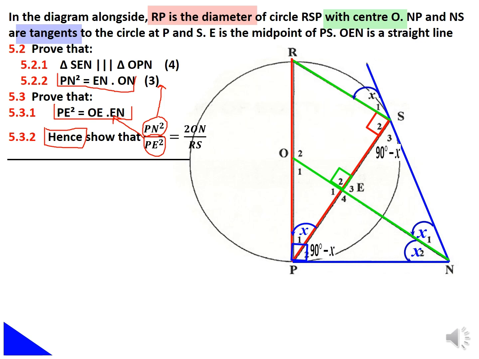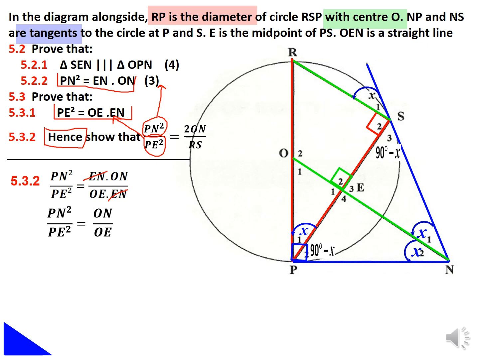It therefore means Pn squared divided by Pe squared is equal to En times On divided by Oe multiplied by En. And in this expression, we can divide En by En, and that will take us to Pn squared over Pe squared is equal to On divided by Oe.